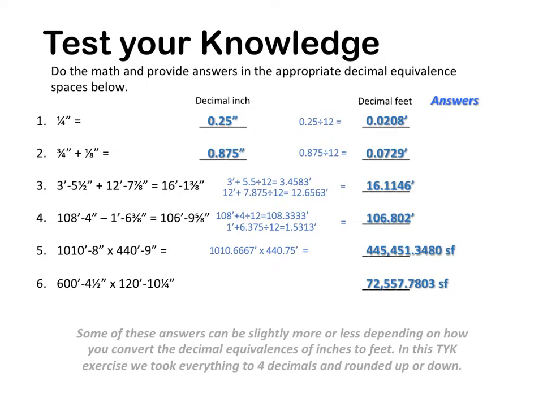Number 5 is a multiplication. We're taking 1,010 feet 8 inches times 440 feet 9 inches, and you have to convert that 8 inches into decimal feet, which is 0.66667, and the 9 inches into decimal feet, which is 0.75.